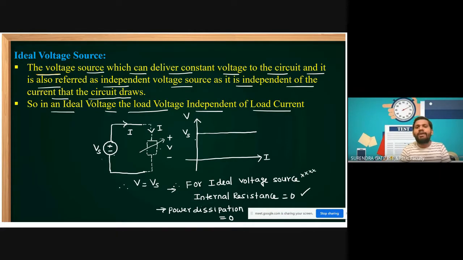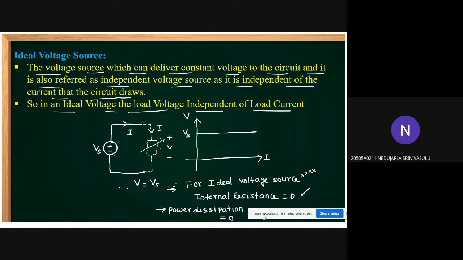And these are the characteristics. Whatever the current flowing, the load voltage is V equal to Vs only. A student asks: if we alter the axes of voltage and current, how will the graph be, sir?